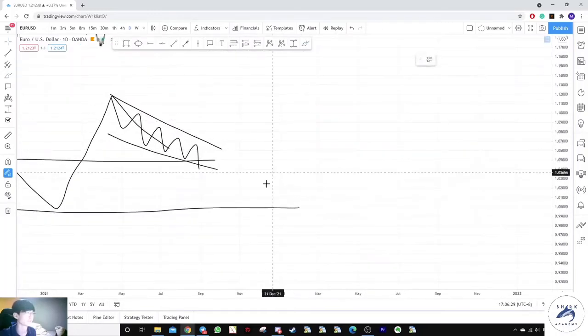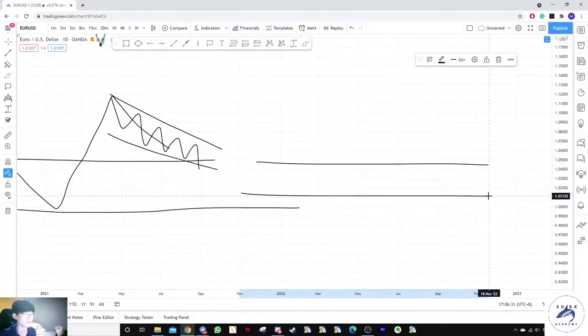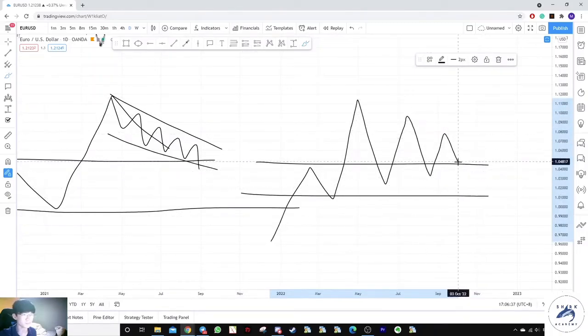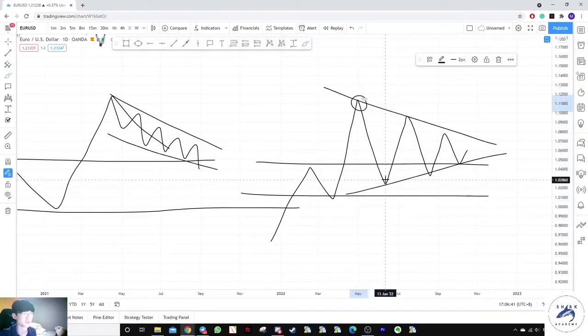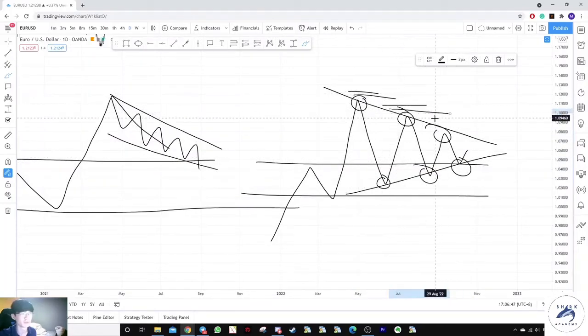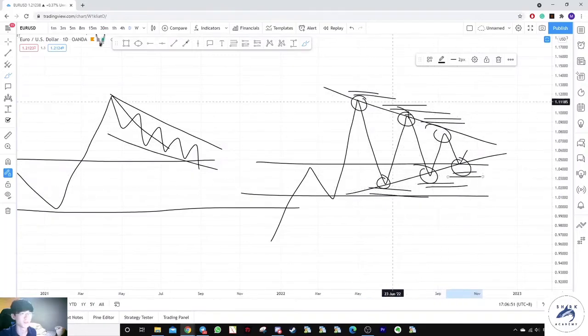You can imagine another example over here, like a triangle. This creates liquidity as well, because people are trying to participate here. And can you imagine orders over here? Stop losses and buy stops.